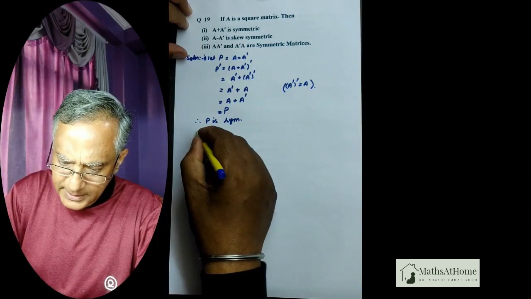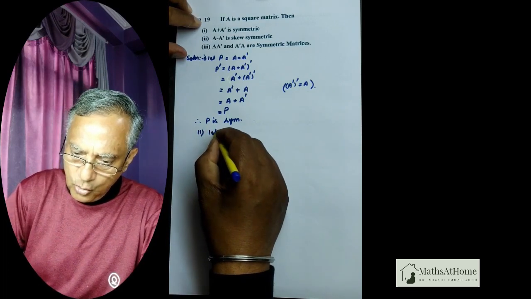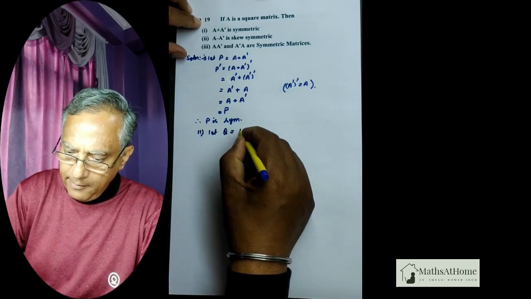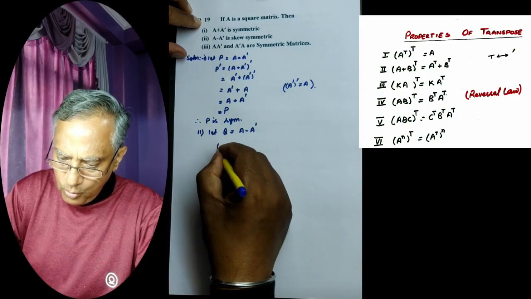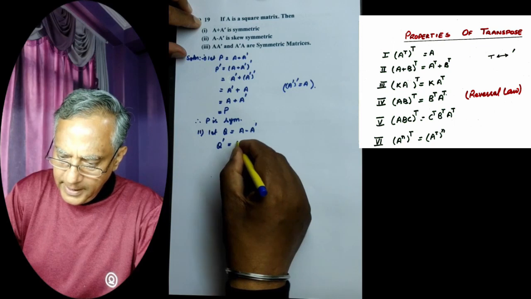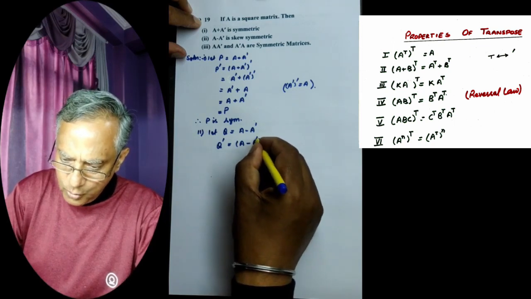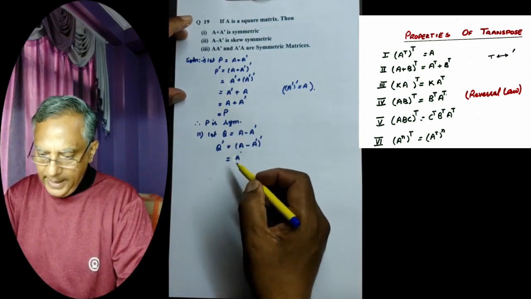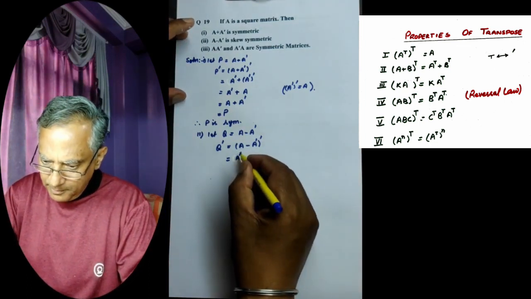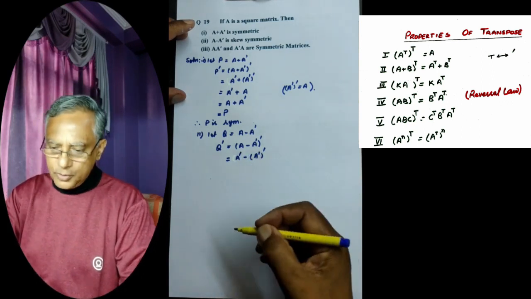And second part is, let Q be equal to A minus A transpose. Then Q transpose is A minus A transpose, whole transpose. So this is equal to A transpose minus A transpose transpose.